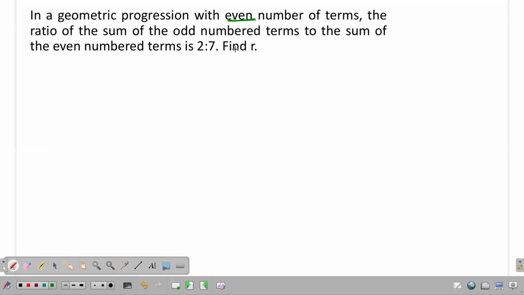You are asked to find the R. So the first term is A, the second term is AR, the third term is AR square, the fourth term is AR cube, the fifth term is AR power 4, the sixth term is AR power 5, the next term is AR power 6, we have AR power 7, so on and so forth.